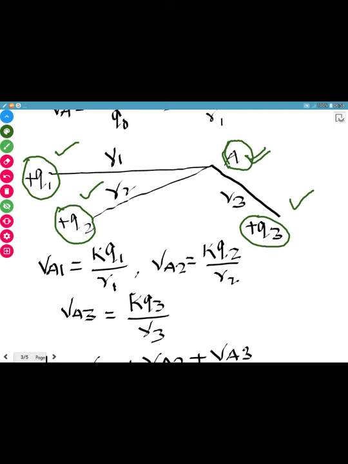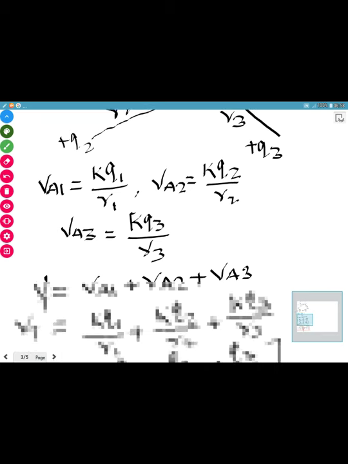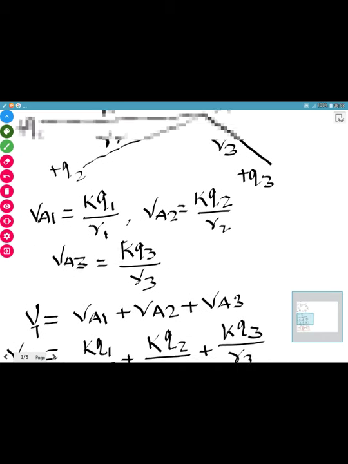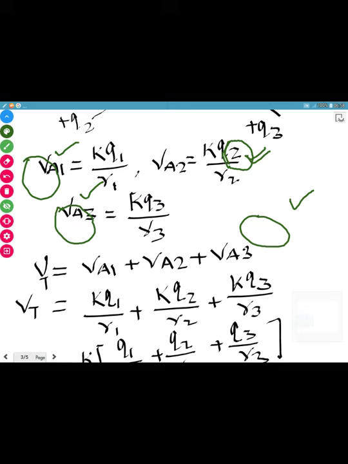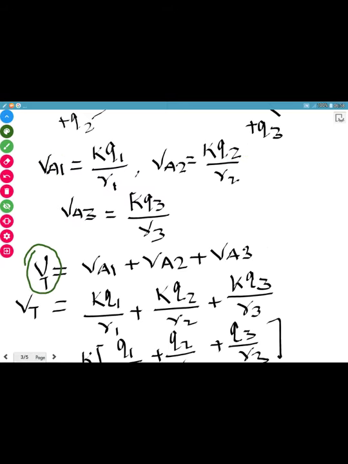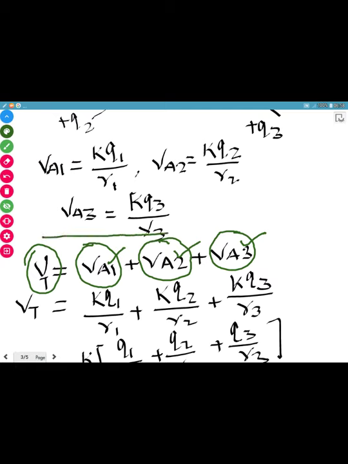We can write the total voltage as the voltage at A due to charge Q1, plus the voltage at A due to charge Q2, plus the voltage at A due to charge Q3. This is the statement of the superposition principle, and it can be extended to any number of charges, from 1 to n.